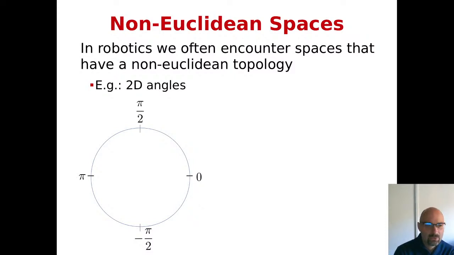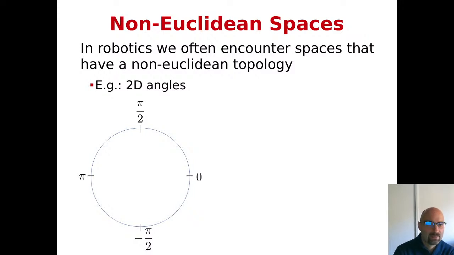In robotics, you often encounter spaces, domains, which are anything but Euclidean. Euclidean means some space that you can map to Rn, and then you can measure the distances consistently with the Euclidean norm.